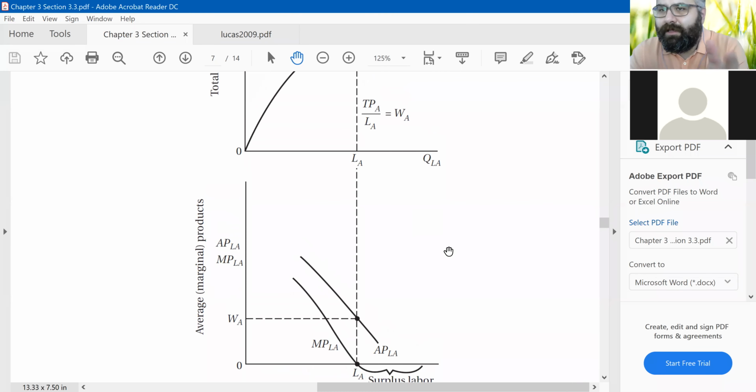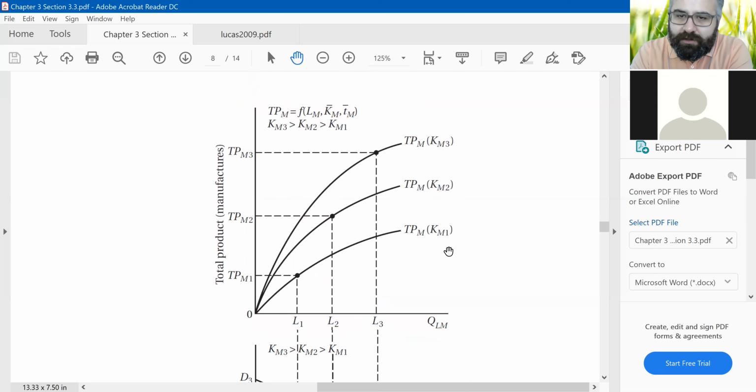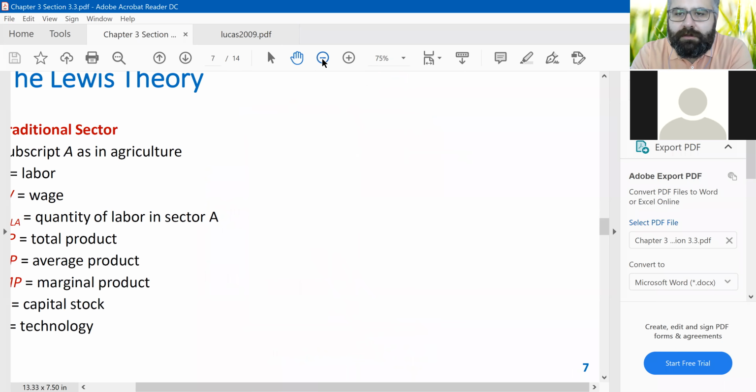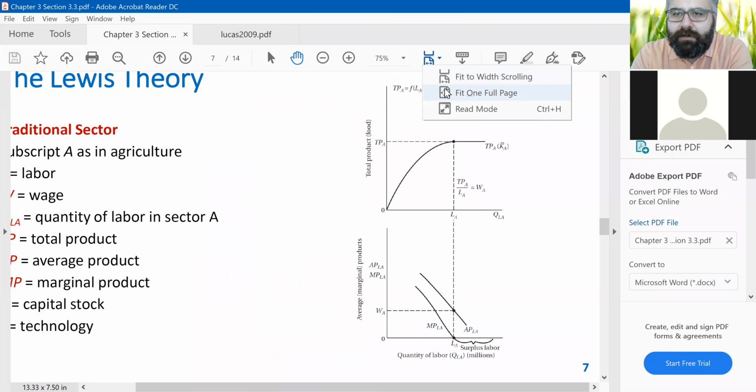They work on the land and get the product. So the total production divided by the total number of people working in agriculture becomes their wage, and that wage is of course WA, and it's here. Let me go back to full screen.